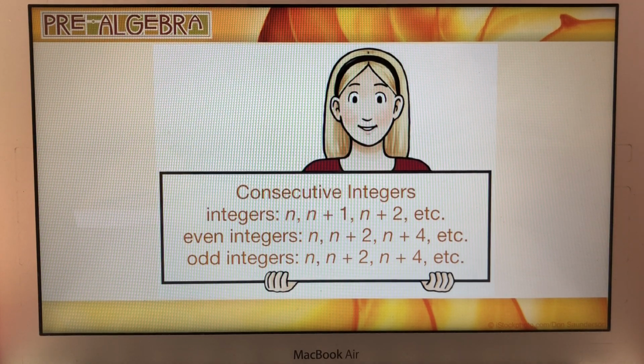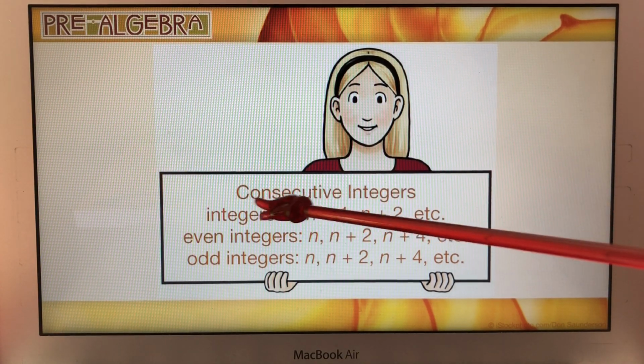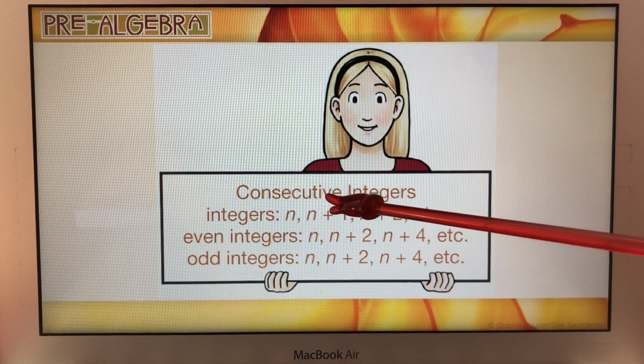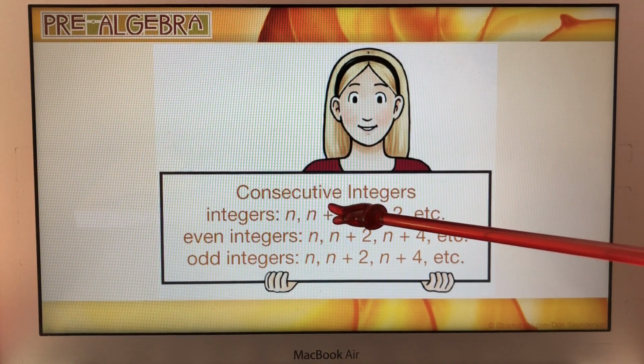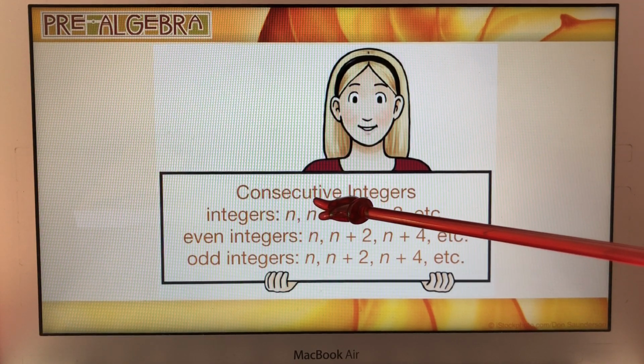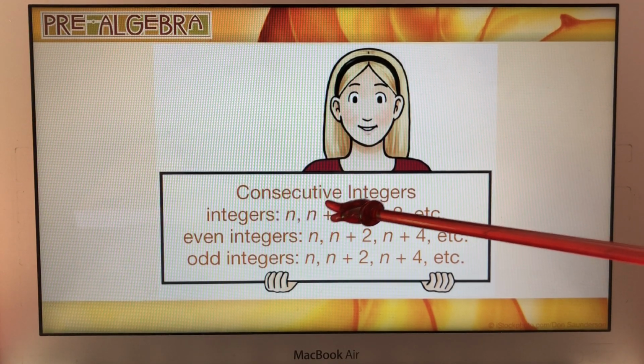When we have a word problem that talks about finding consecutive integers, remember, what does consecutive mean? Consecutive means numbers that come in a row, one right after the other. So that would be like 4, 5, and 6, or 30, 31, 32.